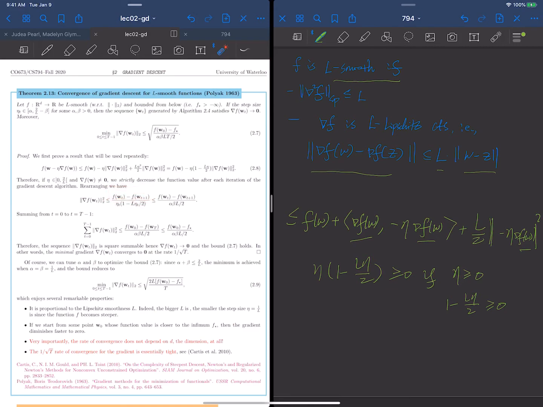If I sum the numerator, I'm going to get f of w1 minus f of w2, and the next term f of w2 minus f of w3, and so on, and this will allow me to cancel lots of terms. This is what I want to do. The problem is, if I do a summation over t here, the denominator also depends on t. So I cannot naively telescope the numerator. So what do we do?